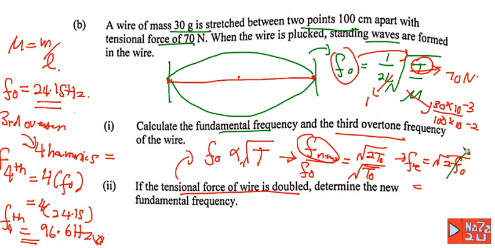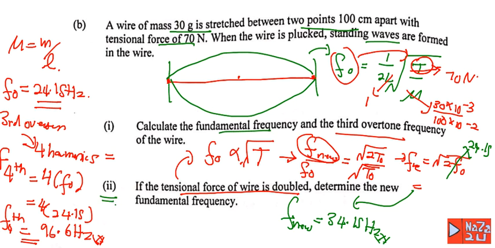We already calculated f naught from question number 1, which is 24.15. So you can find the value right here. The fundamental frequency f new if the tension is doubled is equal to 34.15 hertz. Right, this is number 2.